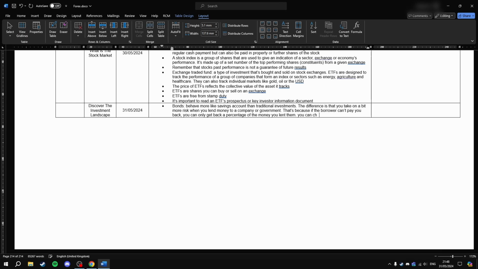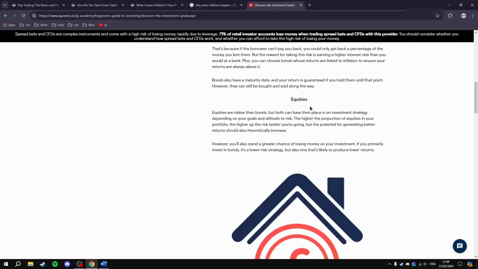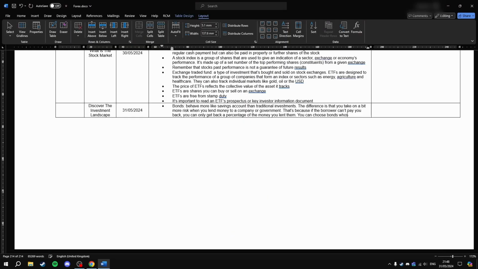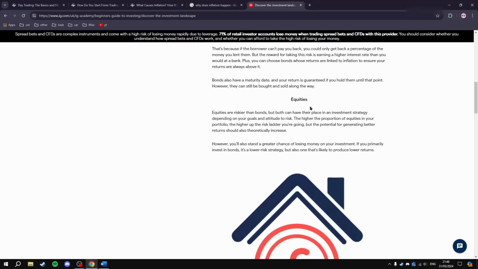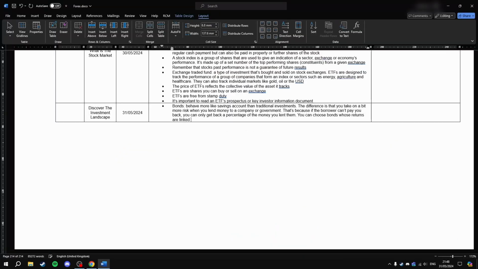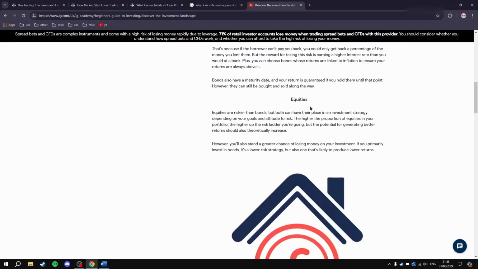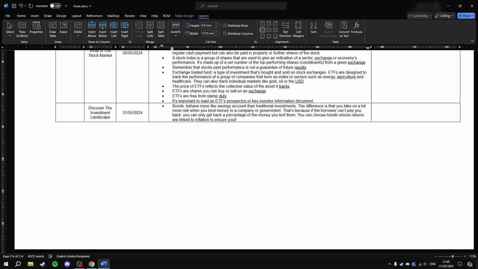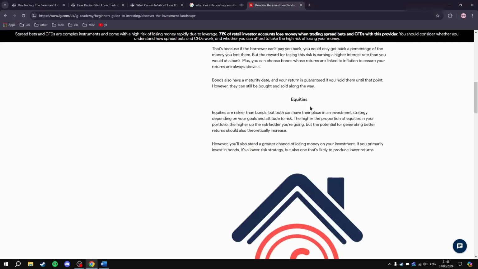You can choose bonds whose returns are linked to inflation to ensure your returns are always above it.